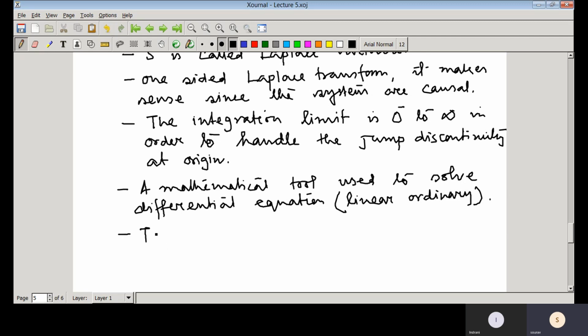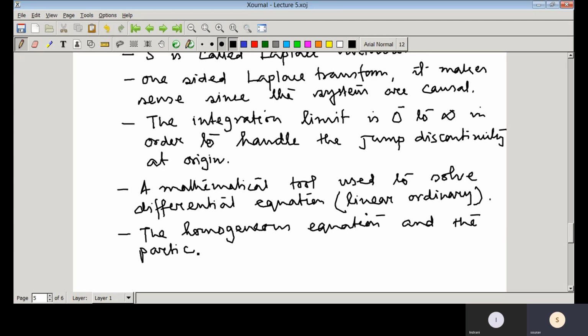And the homogeneous equation and the particular integral of the solution are obtained in one operation, as you all know.